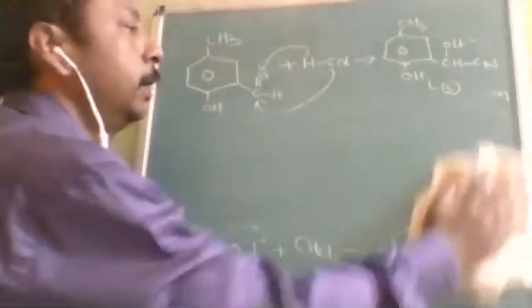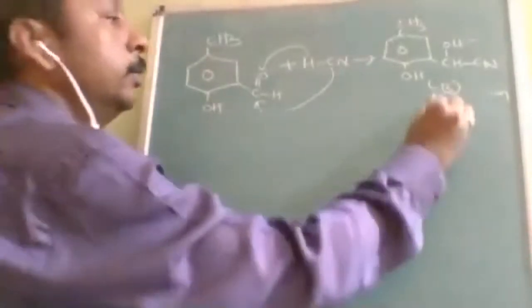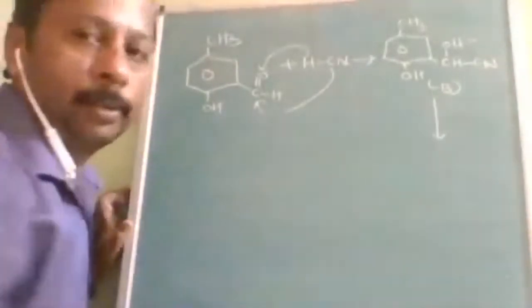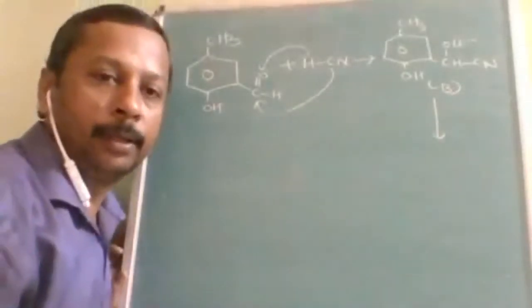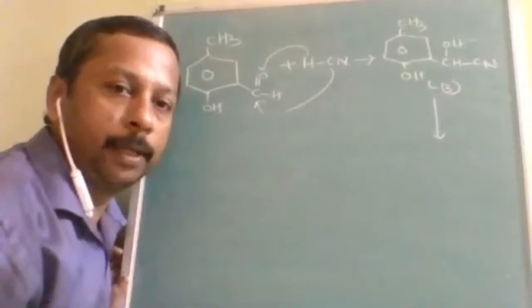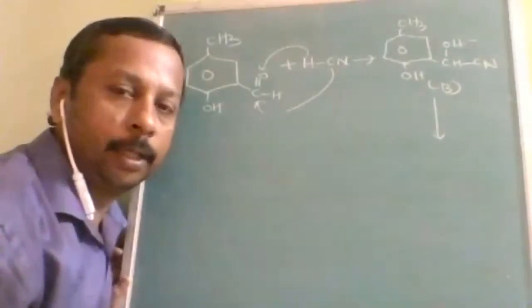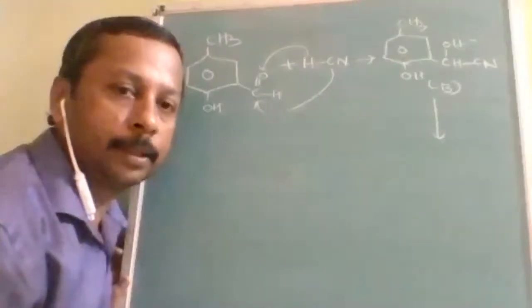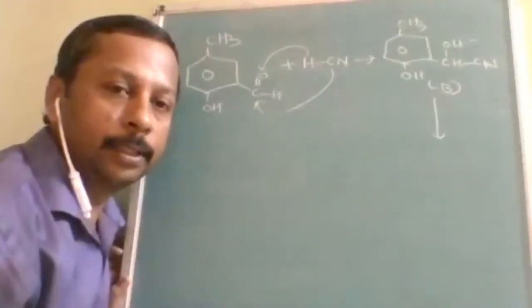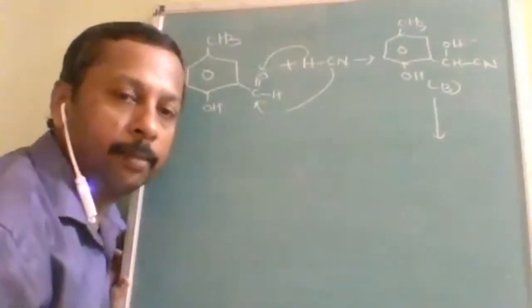On cyanide, there are two types of hydrolysis: partial and complete. Partial hydrolysis gives amide, complete hydrolysis gives carboxylic acid. As the question mentions carboxylic acid, it will be complete hydrolysis.